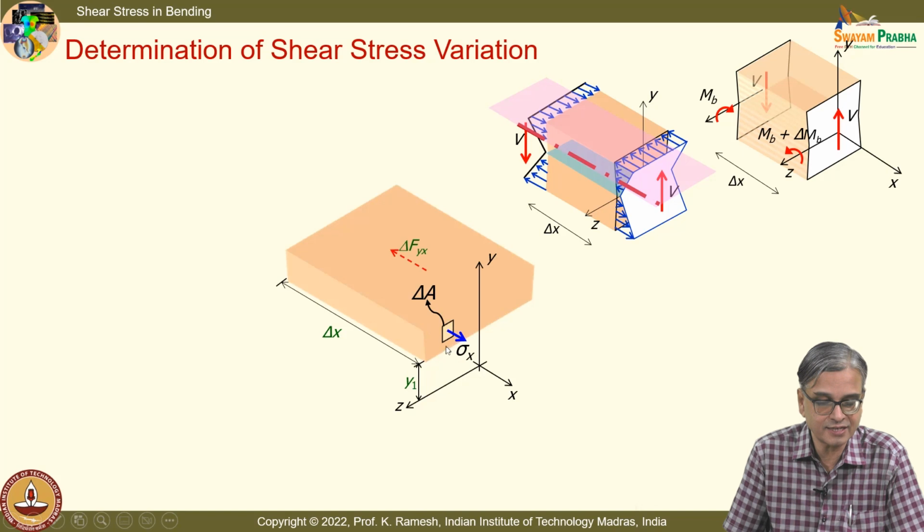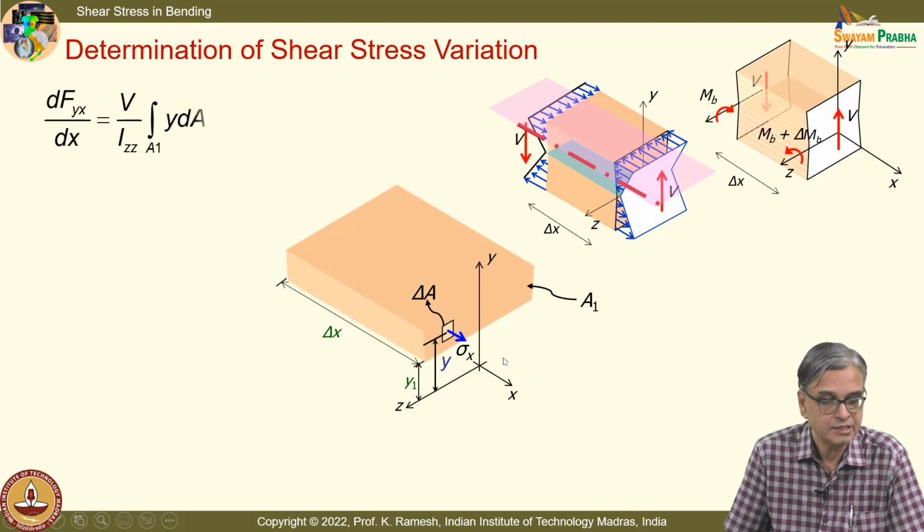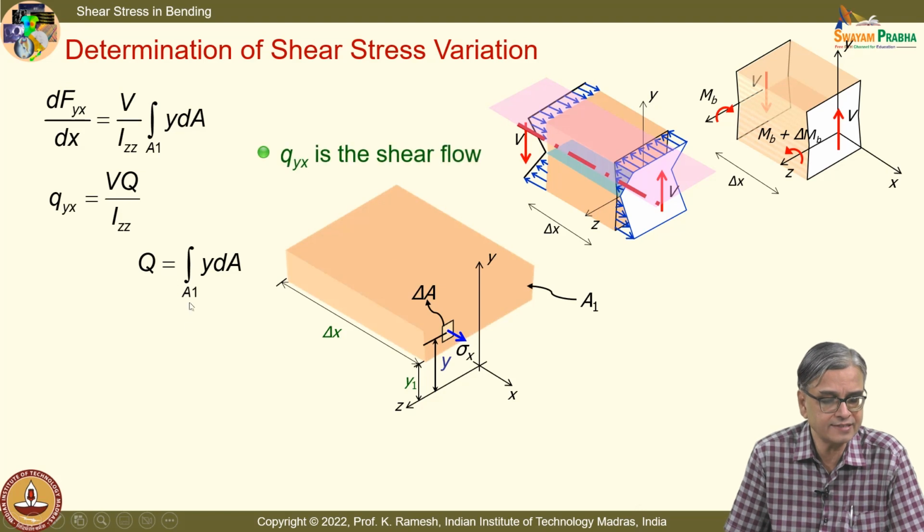So, I have this small area shown, and then I will also write the integral properly. I have this at a distance y, and this is area A1, and we will also see dFyx by dx equal to V by Izz integral A1 y dA. y dA is the first moment of area, and usually it is given a symbol Q. Q is taken as integral A1 y dA, you do it about the area A1.